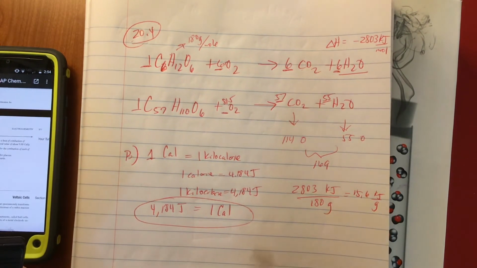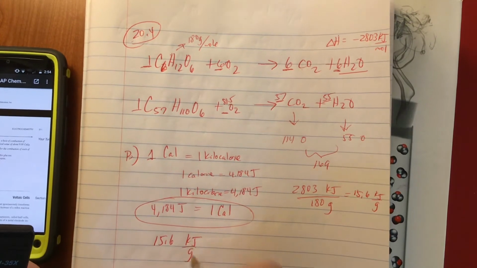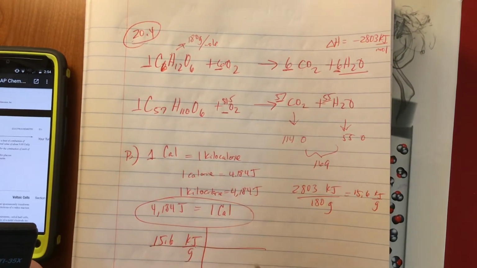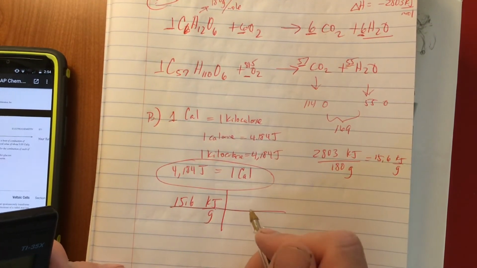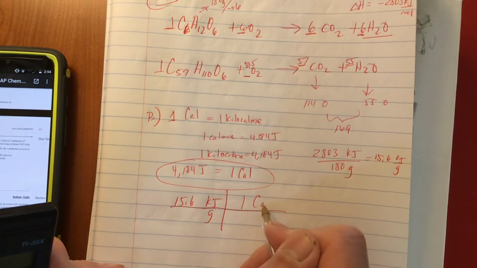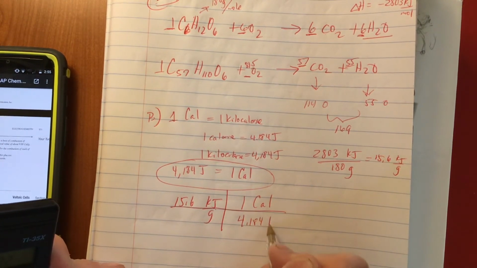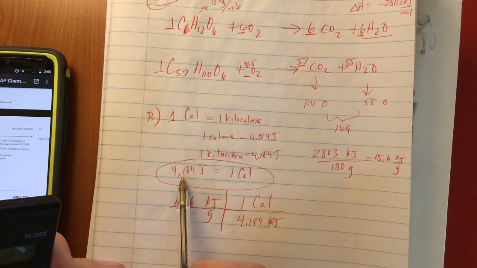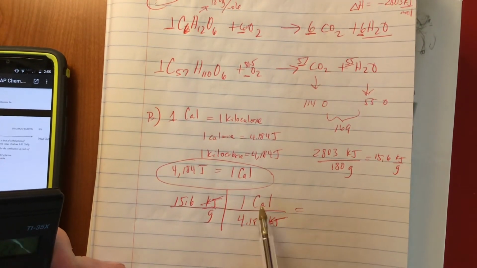So let's do this. 15.6 kilojoules per gram. And we know that we want calories on top. So 1 calorie is equal to 4.184 kilojoules. I divided that by 1,000 to get it in kilojoules. So this is going to cancel out my kilojoules and give me calories per gram.